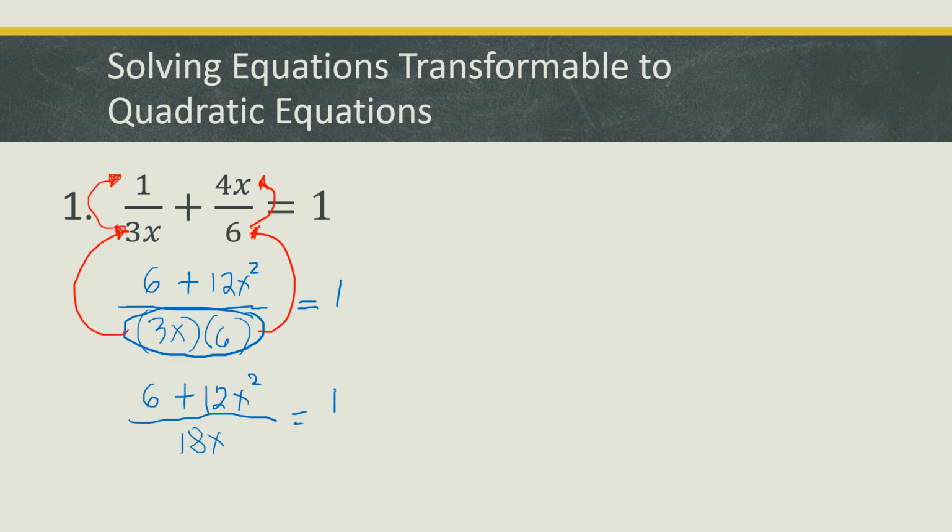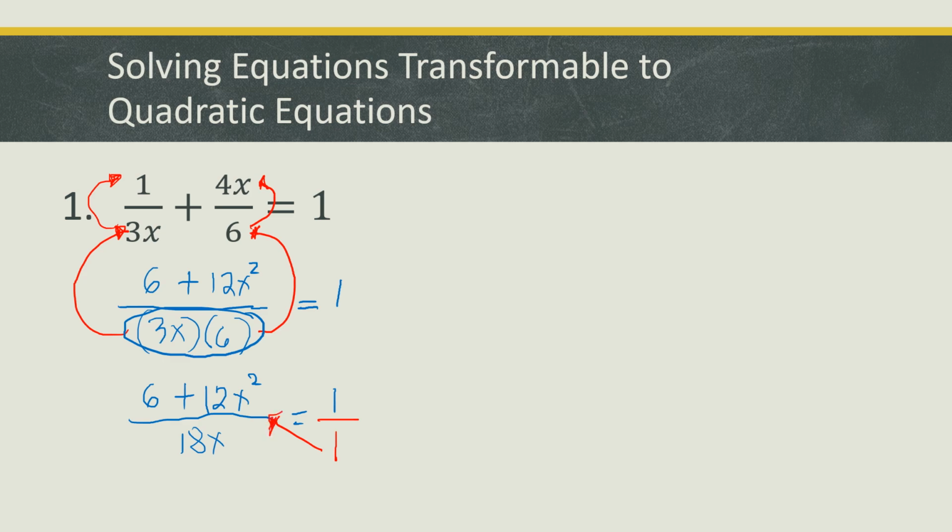Since we do not have a denominator on the other side of the equal sign, we can write 1 as a denominator because in this case, we will now cross multiply.